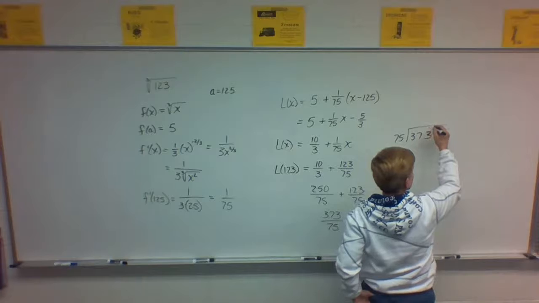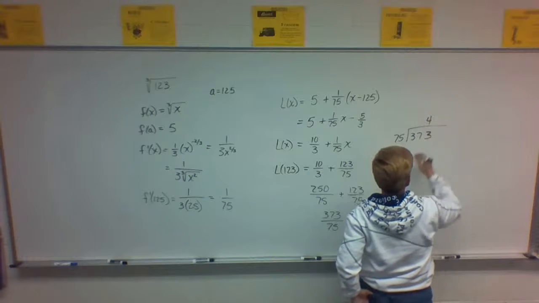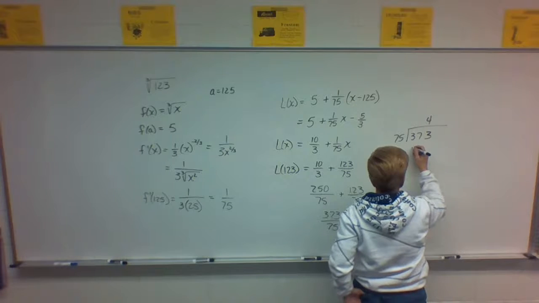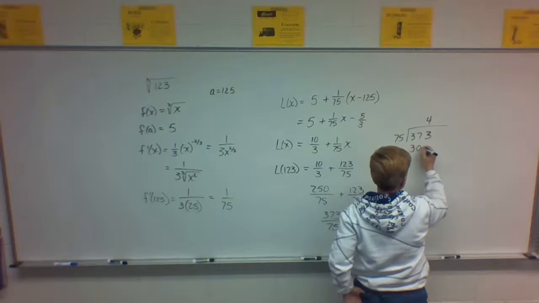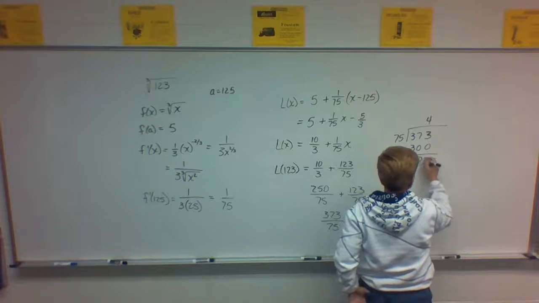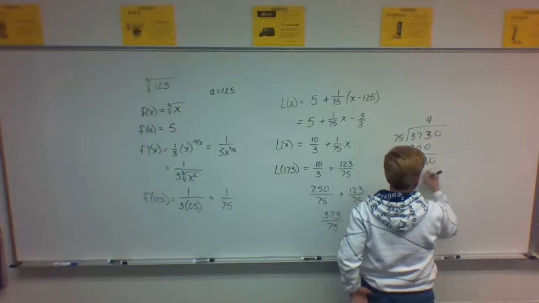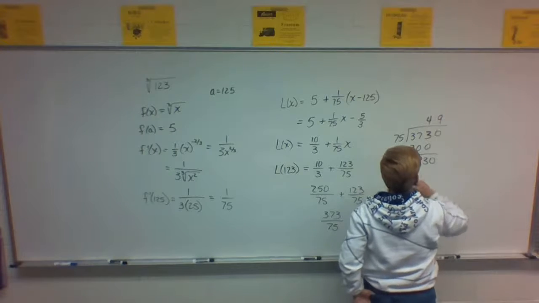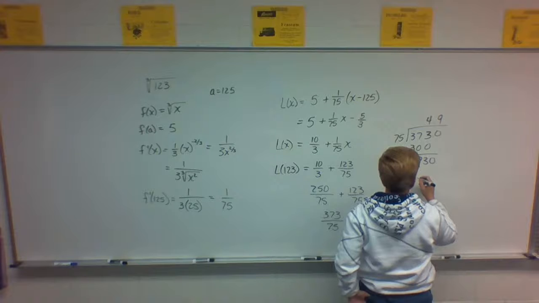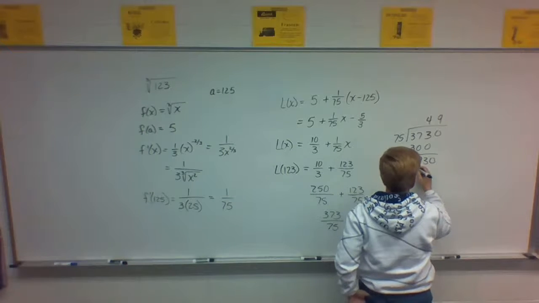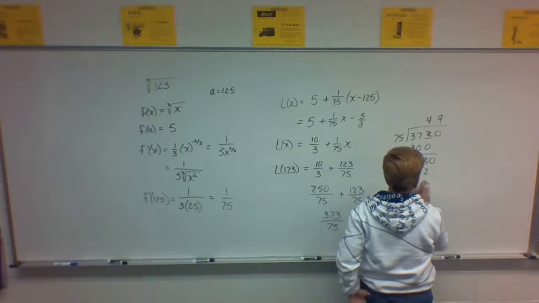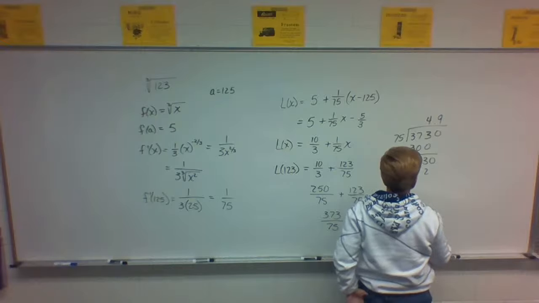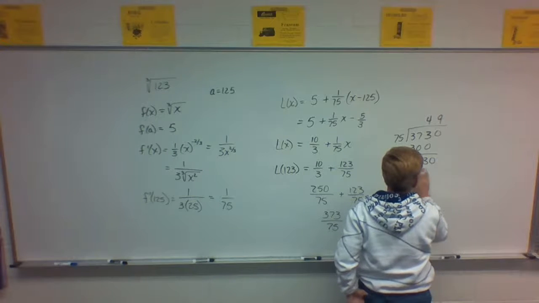How many times? 4 times 75 is 300, too low. Nine times 75 is what? 9 times 75 is 675. Is it? That's right. Okay.